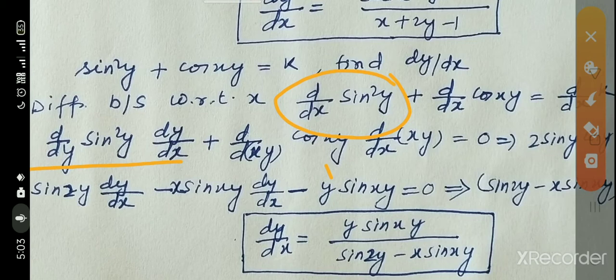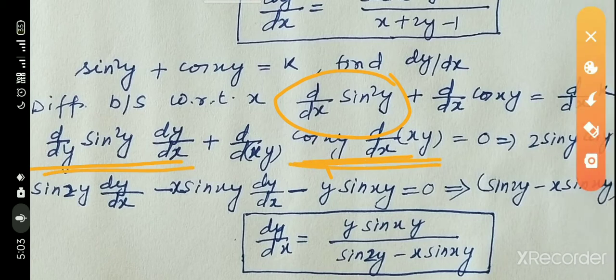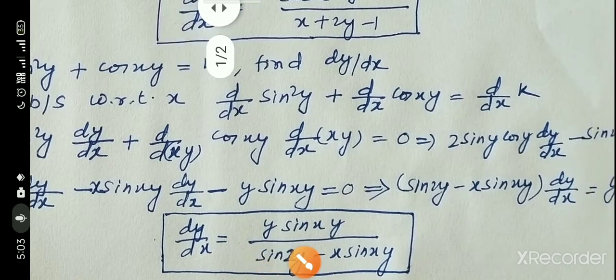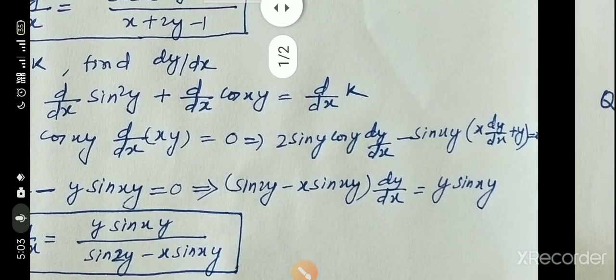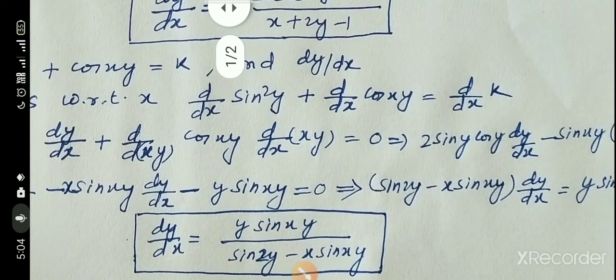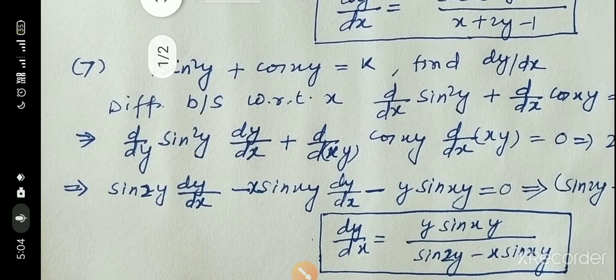So the derivative of sin square y will finally be sin 2y dy by dx, and the derivative of cos xy will be minus sin xy into (x dy by dx plus y) is equal to 0. Now sin 2y dy by dx minus x sin xy dy by dx minus y sin xy is equal to 0.